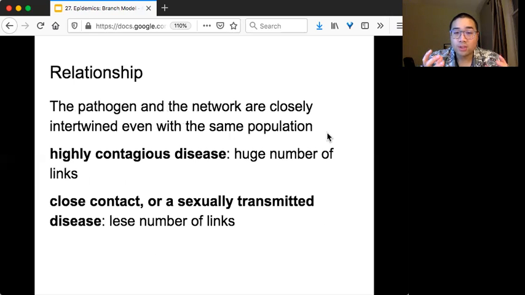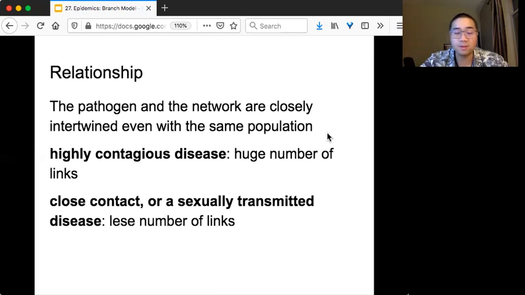The pathogen and the network are actually highly correlated. For example, with a highly contagious disease, you will have a huge number of links in your underlying network, because the network represents the possible people that the virus might jump to from you.